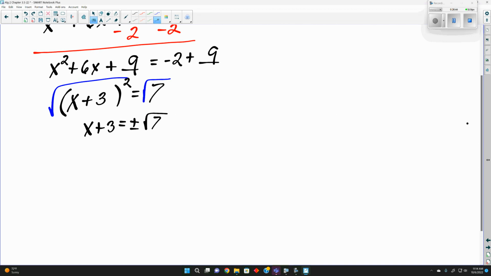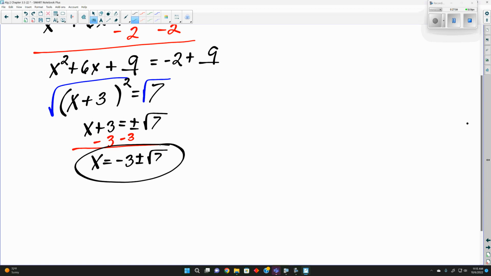And we could try to simplify the square root of 7. Well, it doesn't simplify because 7's prime. So the last step would be to subtract 3 from both sides. x is equal to negative 3 plus or minus the square root of 7.